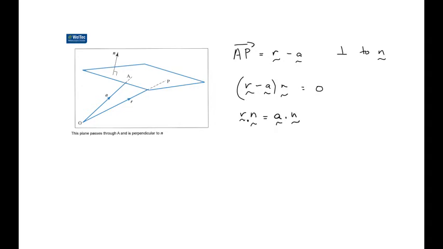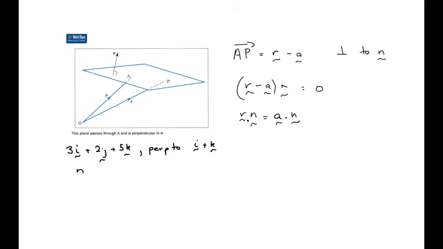I'll do one example in class, but I'll do an example here. Find the equation of the plane that's passing through the point with the vector 3i plus 2j plus 5k. So that's a plane passing through a point with the vector that I've given there, and it's perpendicular to i plus k.